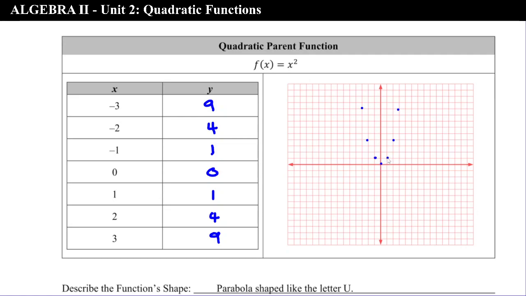So whatever we have on this side, we can reflect it on the other. Same goes for the 2, 4, we have -2, 4. And then on 3, 9, we have -3, 9. So we have points that go together, which allows us to graph one side a little bit faster than the other, because if you know what happens to one side, then you know what's going to happen to the other because it's going to be symmetrical.